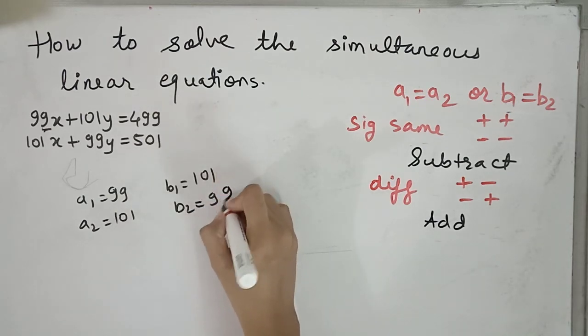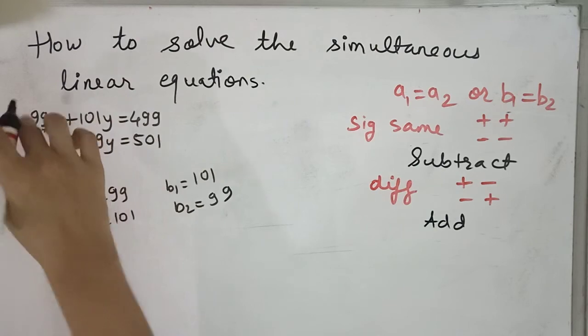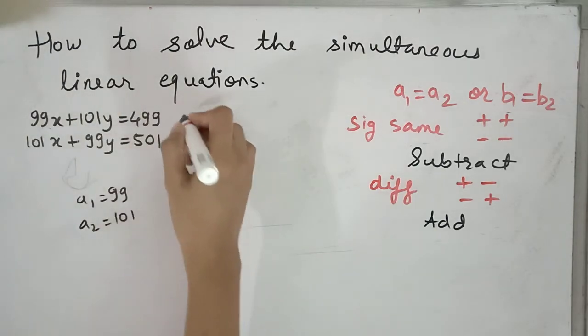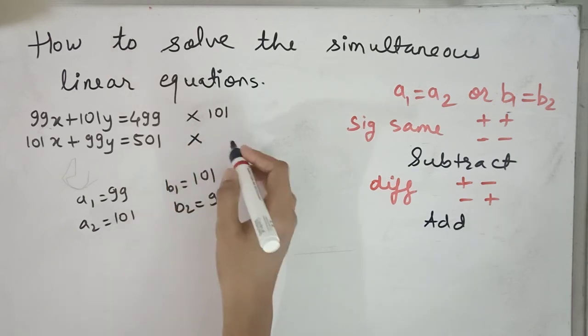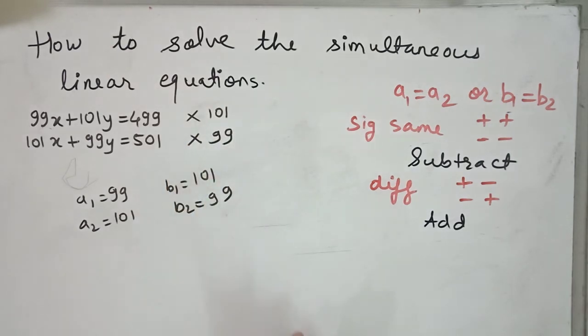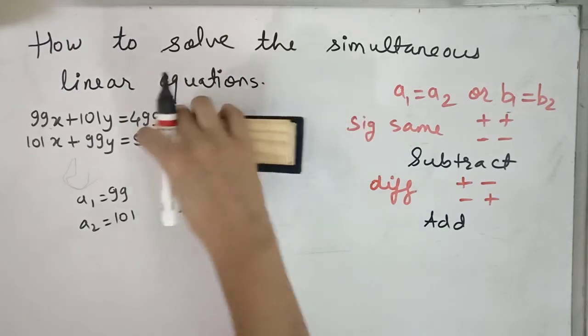Now if we go with the second route, that is if we want to make x equal, we have to multiply this equation by 101 and this equation by 99. So this will be time consuming and you will get bigger numbers which make it very complicated.